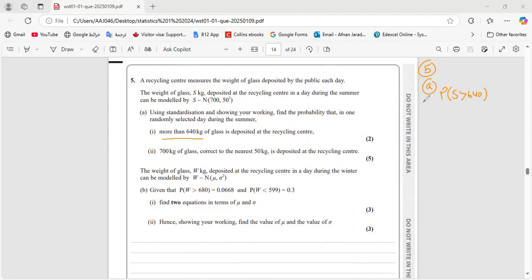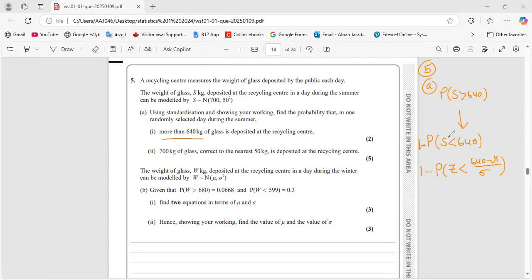I need to go to the table, which is for Z and less than. So it's 1 minus the probability of S less than 640, and to convert to Z, 1 minus the probability that Z is less than 640 minus mu over the standard deviation.